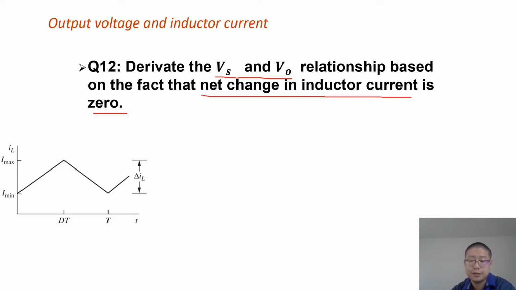This is assumption 1, that the circuit works in steady state. Steady state means that the increase plus the decrease here equals 0. I give you 30 seconds to write down the equation and simplify it to obtain the relationship between Vs and Vo.